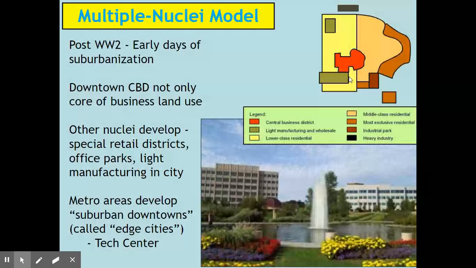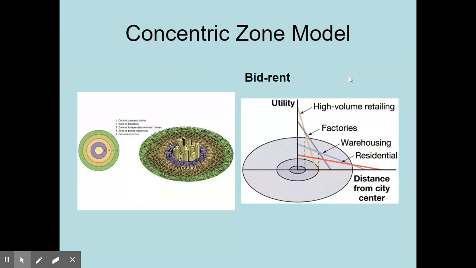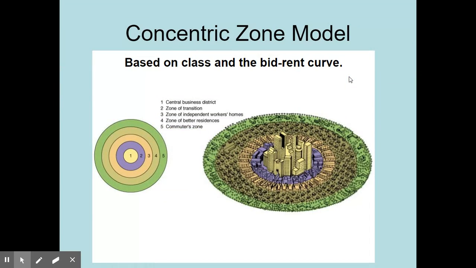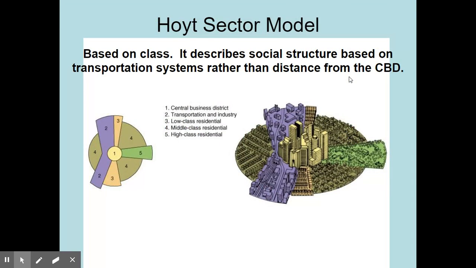So the next urban model, and I almost feel like we're moving across the United States. If we go back to the concentric zone, these were cities that were on the East Coast. The sector models are definitely states and capital cities that were more like central United States.